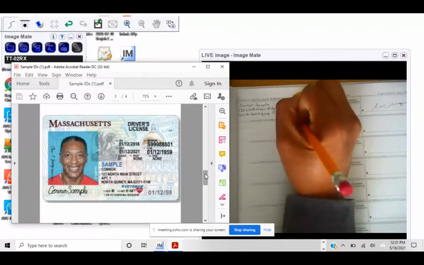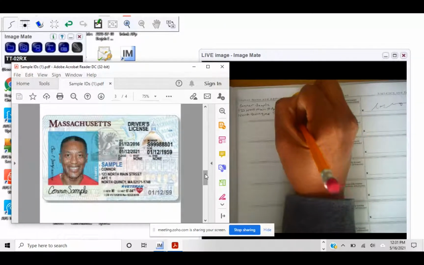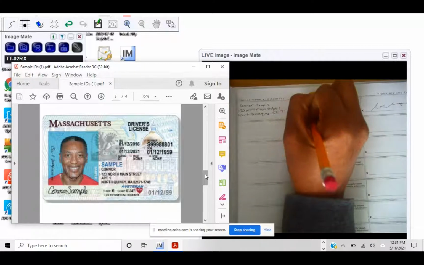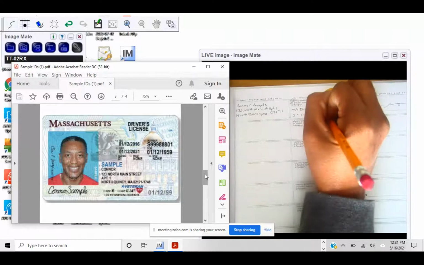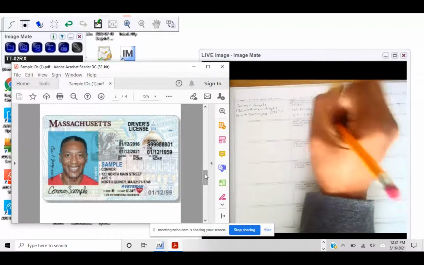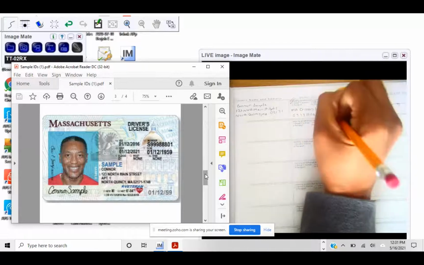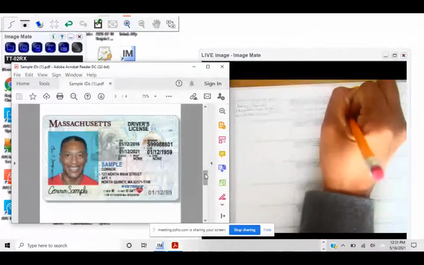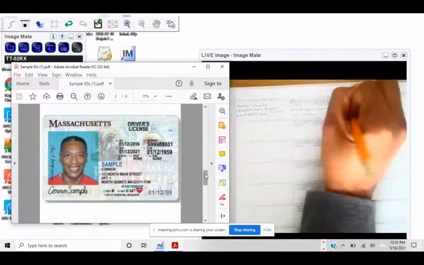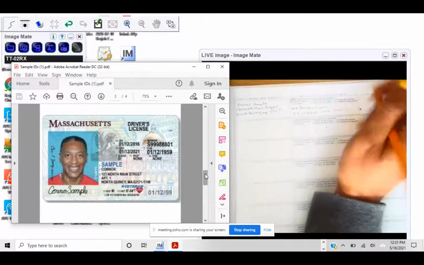And then you want to put the ID, which is 999-888-01. And then you want to put the issue date and the expiration date, guys, okay? Issue date is 1/12/2016.